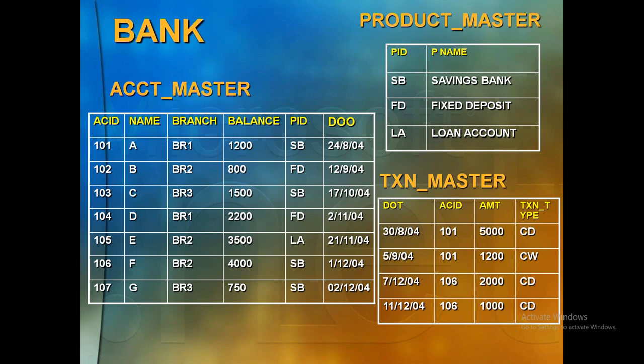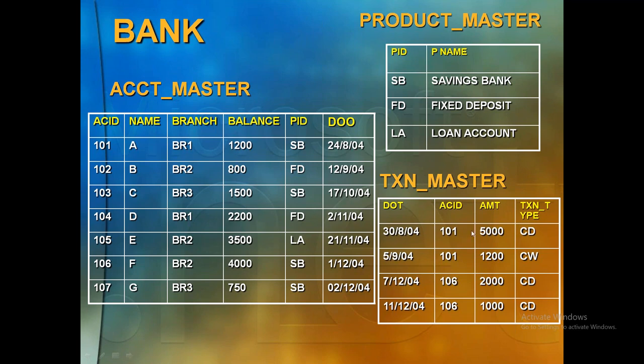After opening an account, I do the transactions. The transaction master table has the transaction date, account number, which is a primary key in the account table and a foreign key in this table, the amount, and the transaction type. CD means cash deposit, CW means cash withdrawal.